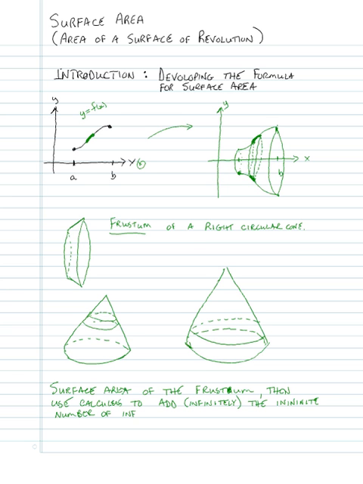Infinitely small frustums. We've seen this idea before when we were doing arc length, when we were doing area under a curve, area between two curves, and so on. And when we were doing volumes based on rotation, using the shell method or using the disk method.